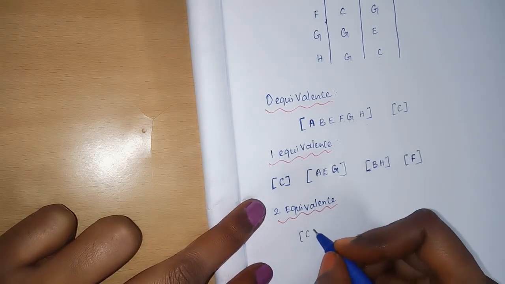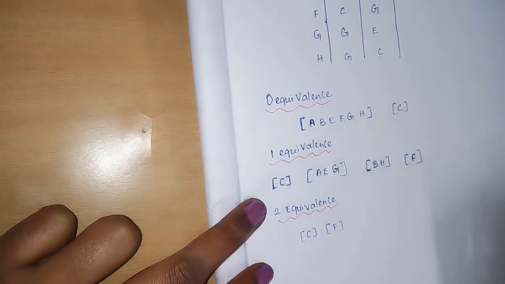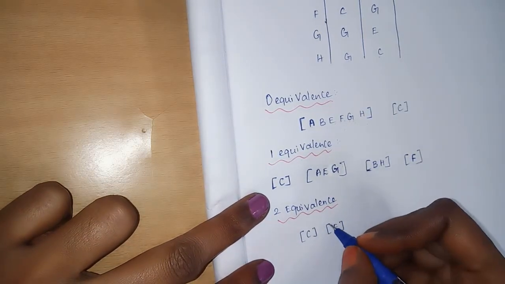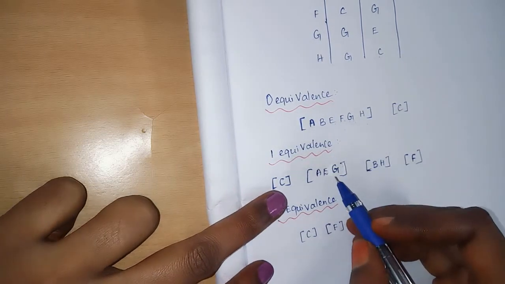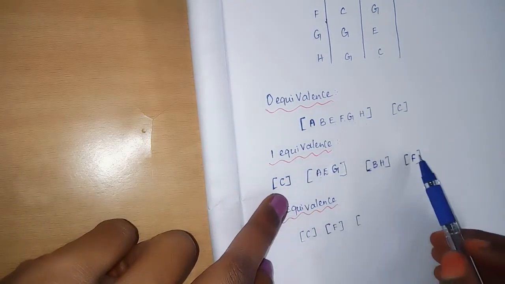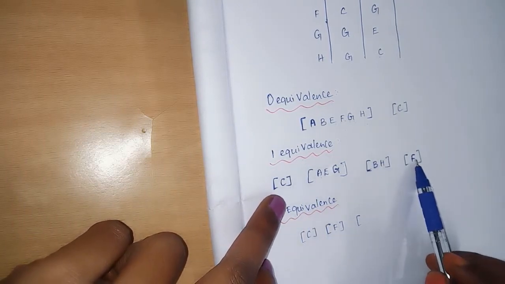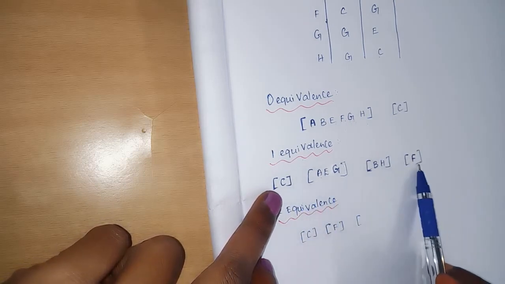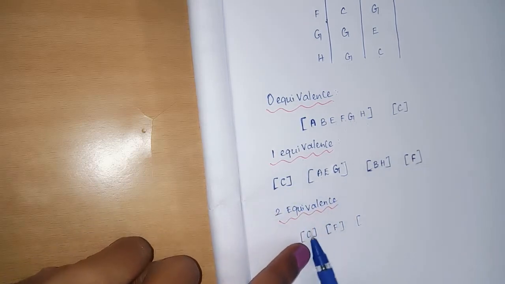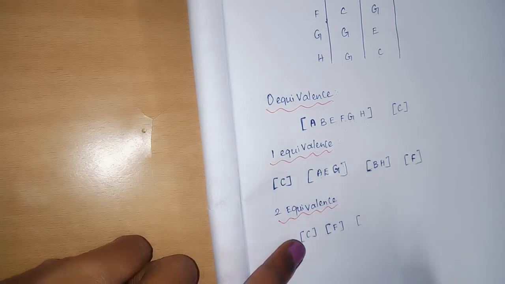Which means it cannot be split. So you just write it first, and you have to check this equivalence. So you should not touch C and F anymore, right? It is already split up, so we cannot split it further. So that's why you write it as the first step, as an initial one in the two equivalence partition, right?